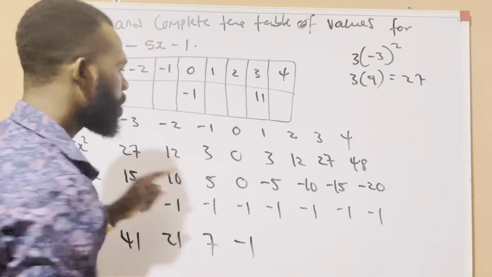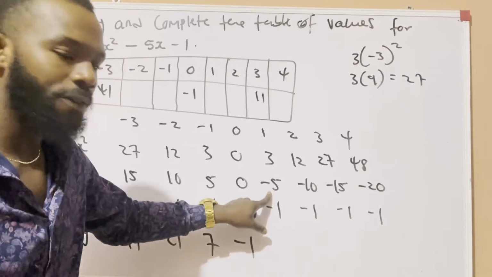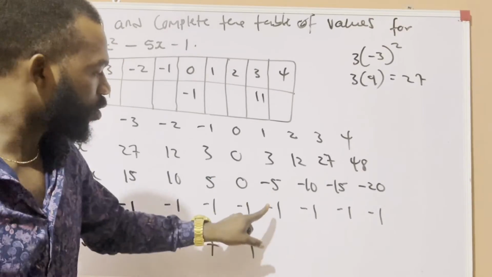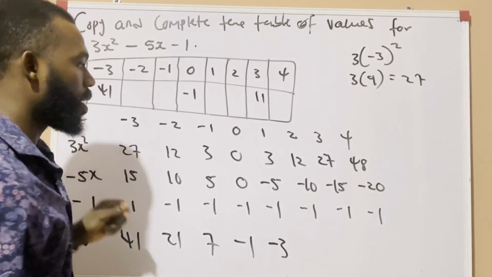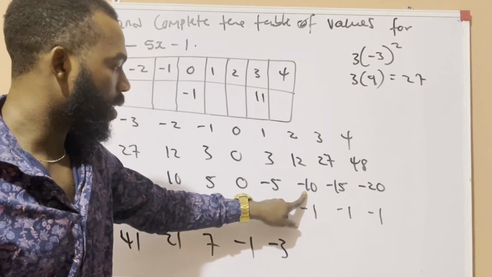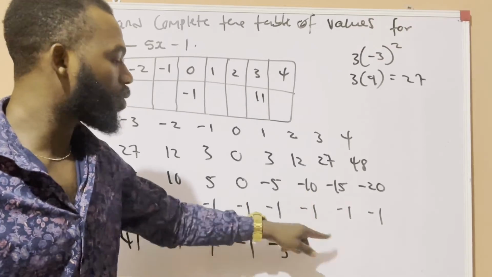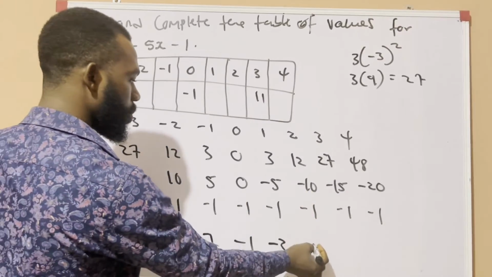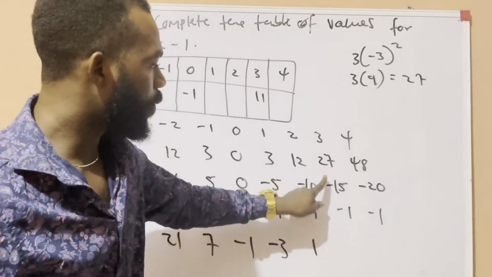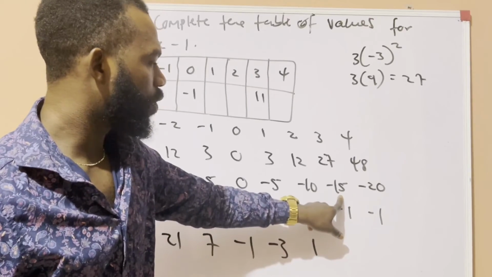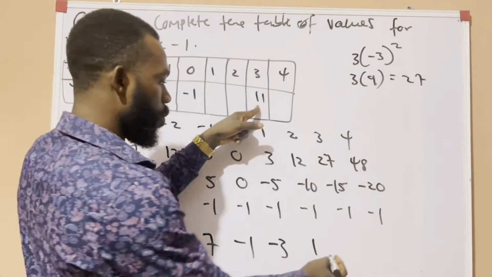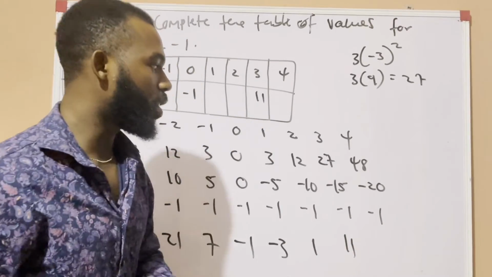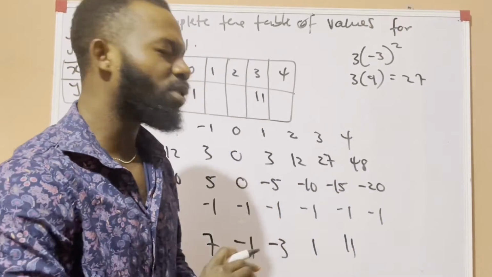Next, 3, watch now. 3 minus 5 gives us minus 2. Minus 2 minus 1 gives us minus 3. Again, 12 minus 10 gives us 2. 2 minus 1 gives us 1. 27 minus 15 gives us 12. 12 minus 1 gives us 11, which is what we have here. And lastly, 48 minus 20 gives us 28.